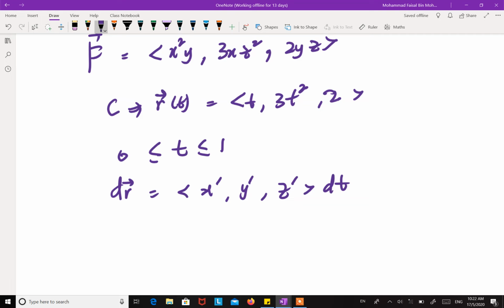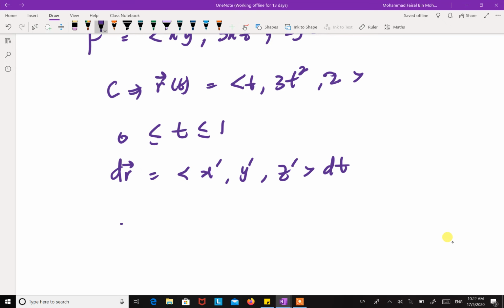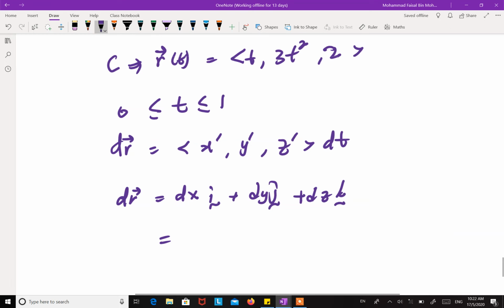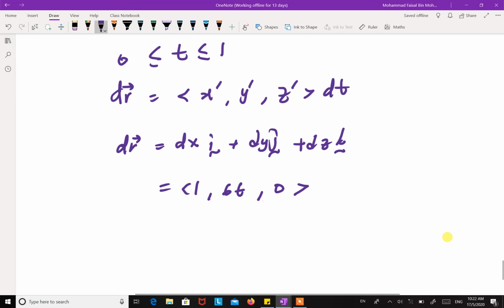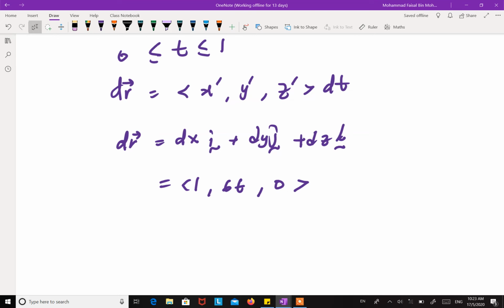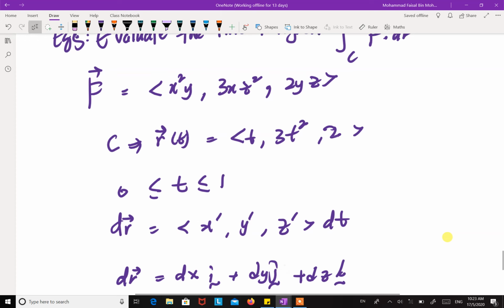So dr equals dx i plus dy j plus dz k, which is equal to 1, 6t, 0.